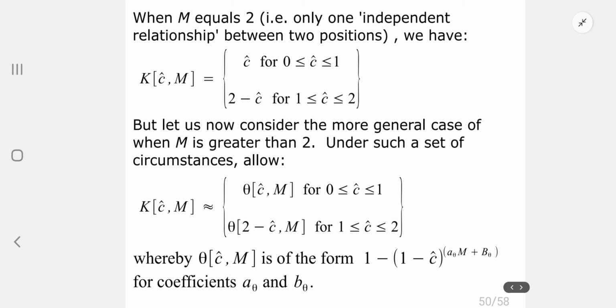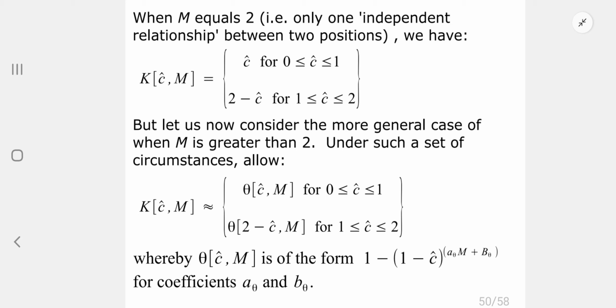When M equals 2, i.e. only one independent relationship between two positions, we have K of C hat and M equals C hat for when C hat is between 0 and 1, and 2 minus C hat for when C hat is between 1 and 2. Now, let us consider the more general case of when M is greater than 2.